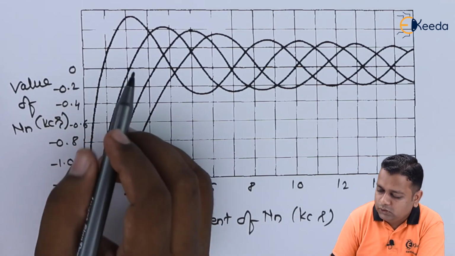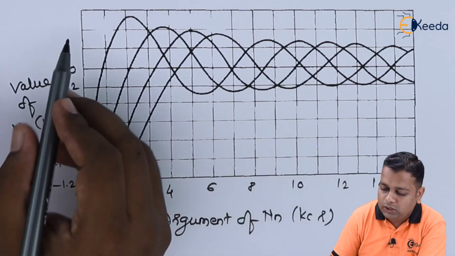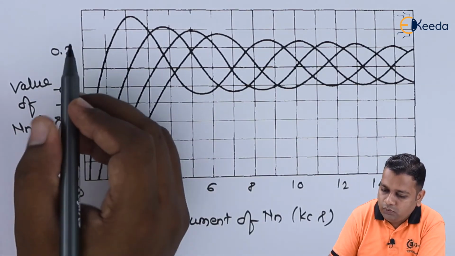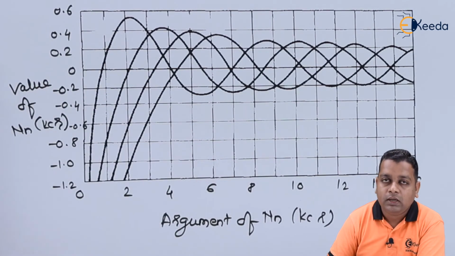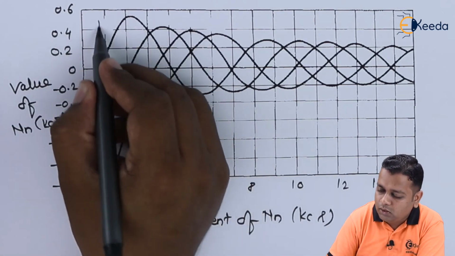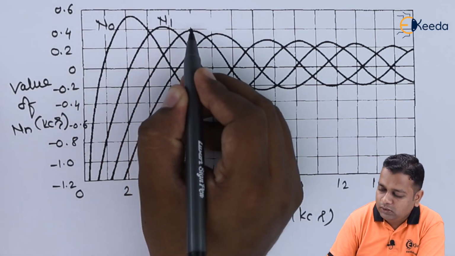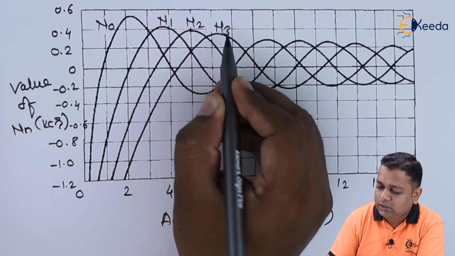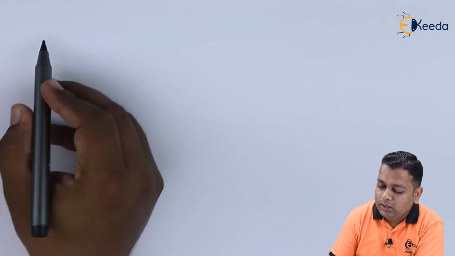Here we have the 0 value. So this is the 0 crossing corresponding to these waveforms that we have represented. The positive side 0.2, 0.4 and 0.6 are also represented. The nth order Bessel function here for the first one will be of the 0th order represented by N suffix 0. Next to that we have N suffix 1, N suffix 2, N suffix 3 with reduction in the amplitude here.